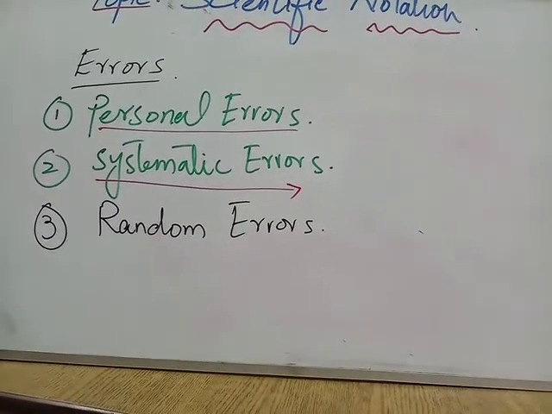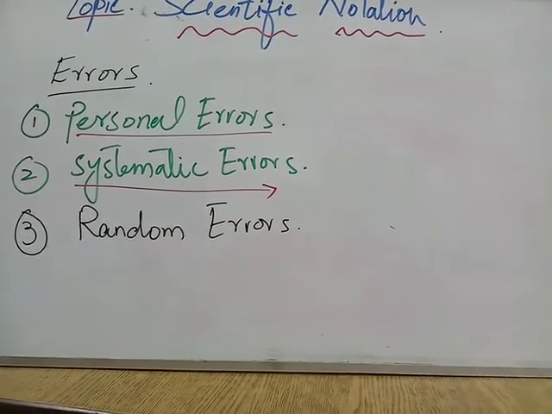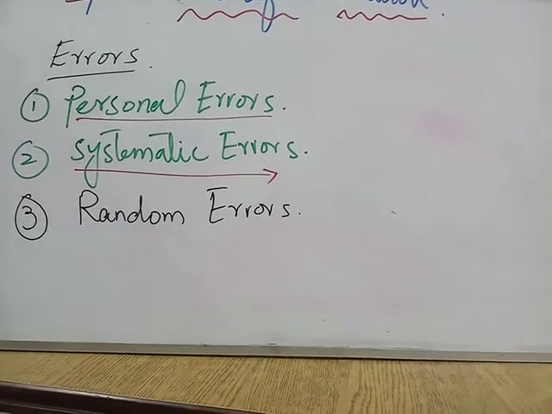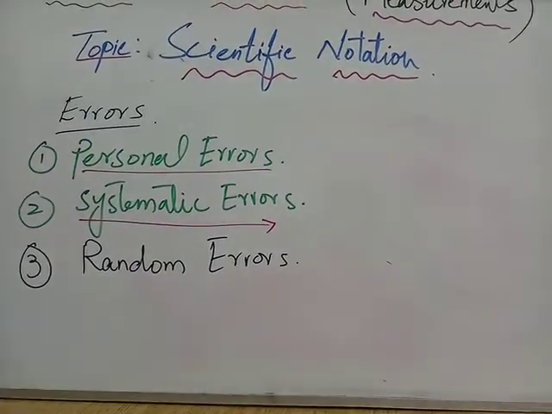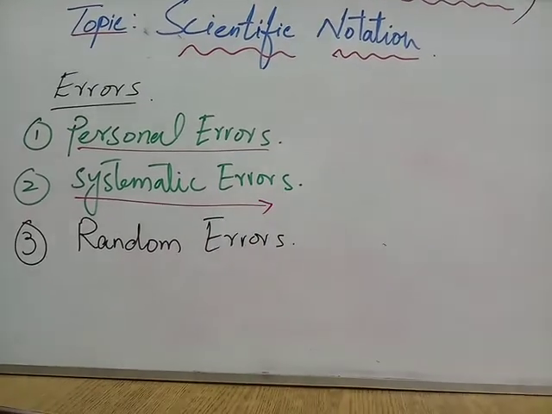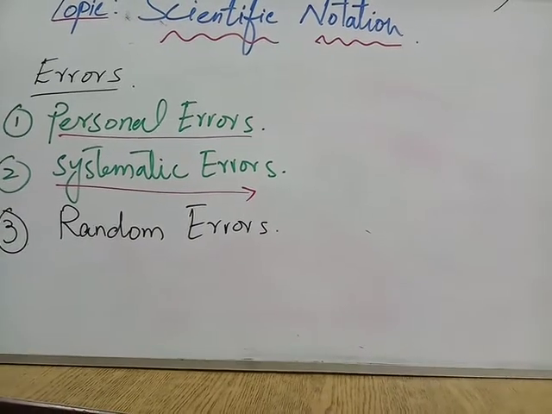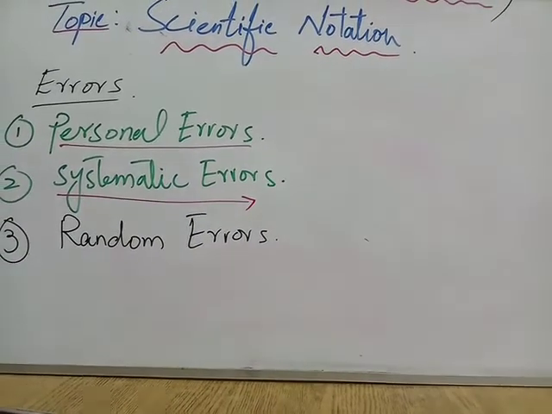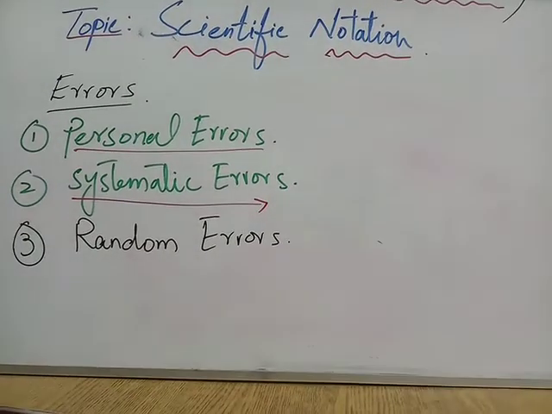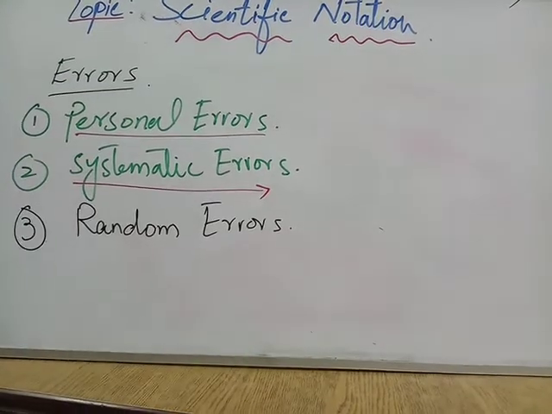So in the final result, we compare the faulty apparatus with one which is more accurate. We compare these two, and the difference between the faulty and the more accurate instrument can be added or subtracted.